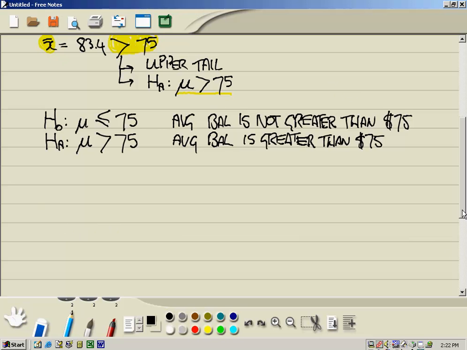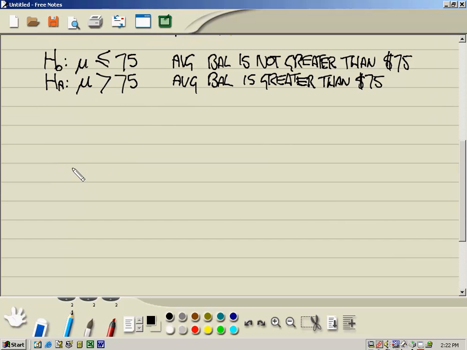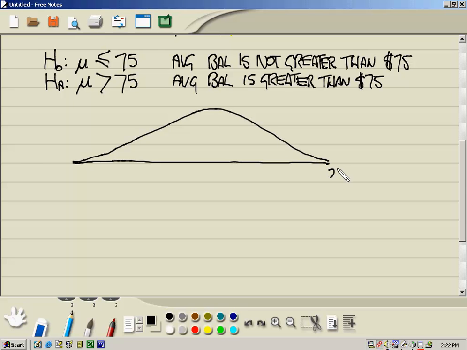At this point we would draw a diagram so we can get our calculations on the way. This is again a sampling distribution of sample averages. The middle of that distribution is 75. We decided that this is an upper tail test. We'll put the entire alpha, 5%, given to us in the problem, in that upper tail. So we're going to calculate this limit, and to do that, just like the two-tail tests, we need the standard deviation.